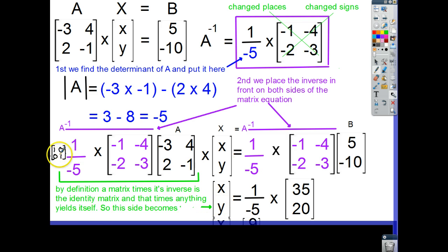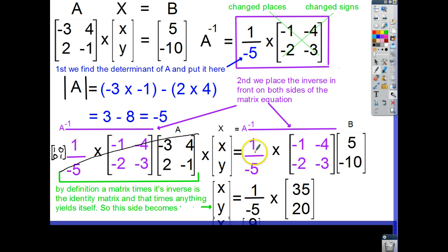So it's kind of like multiplying by 1 in real numbers. For a matrix, it's the identity matrix. So all of this became this matrix, and that matrix times x over y gave us x over y. So the work on this side, after we write it out, and yes, you have to write this out, you can then cross it out and say it cancels.